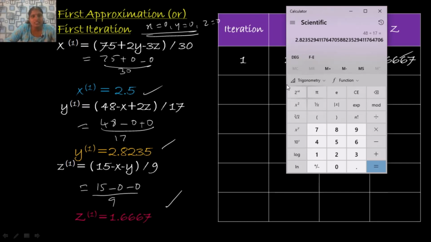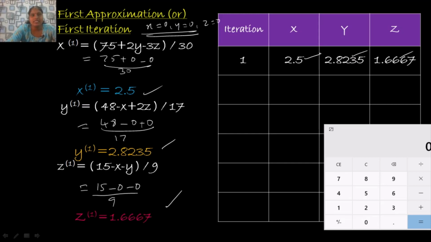Next for the z value, 15 divided by 9, you get 1.666, etc. Here also we have to take up to 4 decimal places, so 1.6667. In the fifth decimal we have 6, so we have to add 1 to the previous digit, so 1.6667. So this is how we calculate this using the calculator.